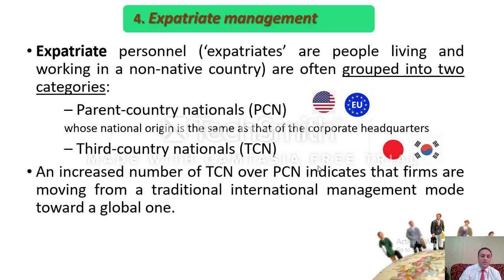In contrast, we have the third country nationals, in Japan and South Korea, for example. So an increased number of third country nationals over the parent country nationals indicates that the firms are moving from a traditional international management mode towards a global one.